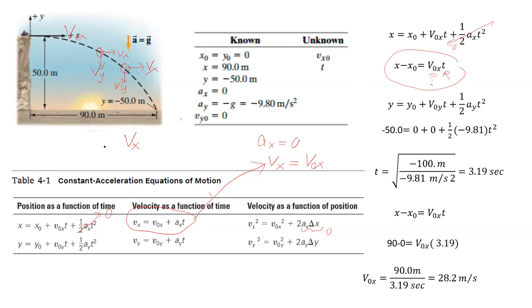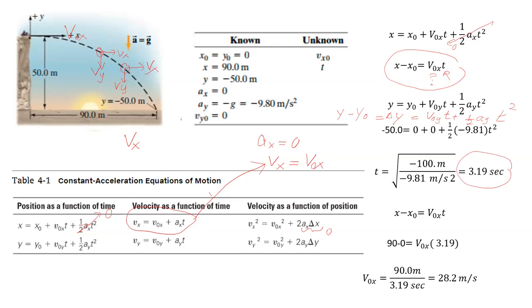Usually in projectile motion, to find the time, you could use the y direction motion. Now you apply this: y minus y naught, or delta y, is v naught y t plus half a y t squared. Remember that delta y is the displacement, which is negative 50, and this gives you the time.